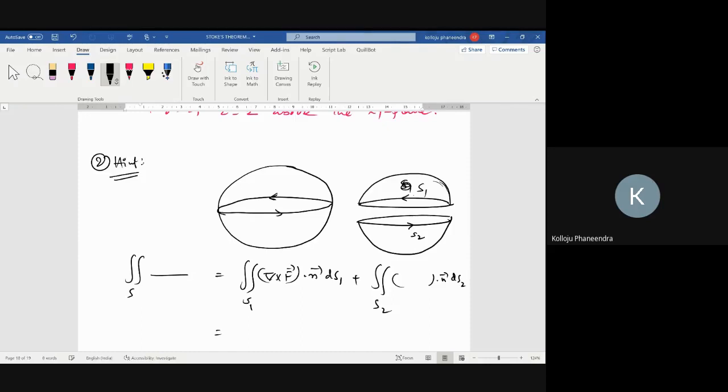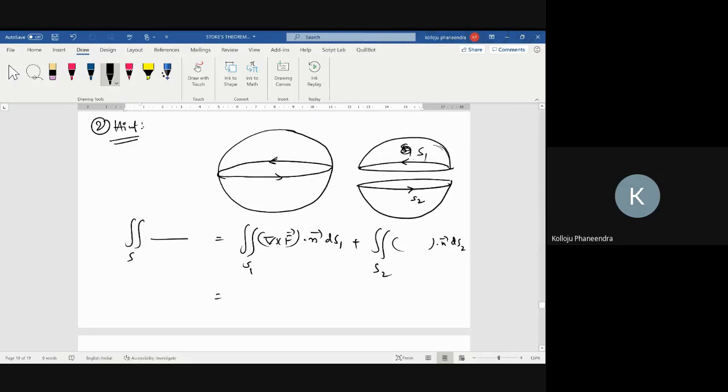Both are equal halves. And using the curve C, take this one C1 and this one C2, both in opposite directions. So using Stokes theorem, it becomes the integral over C minus the integral over C. Both are the same but in opposite direction, therefore equal to 0. This is the hint to apply Stokes theorem over a closed surface. You solve these problems.